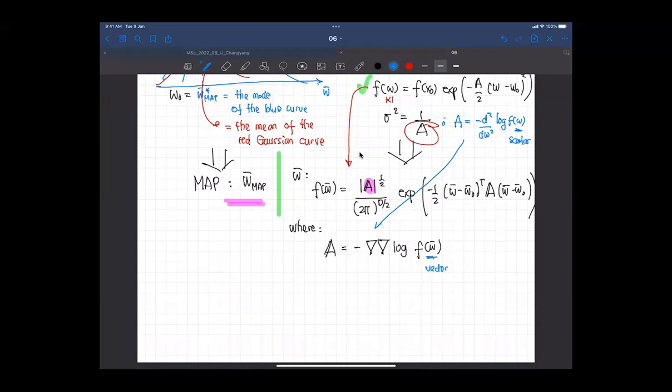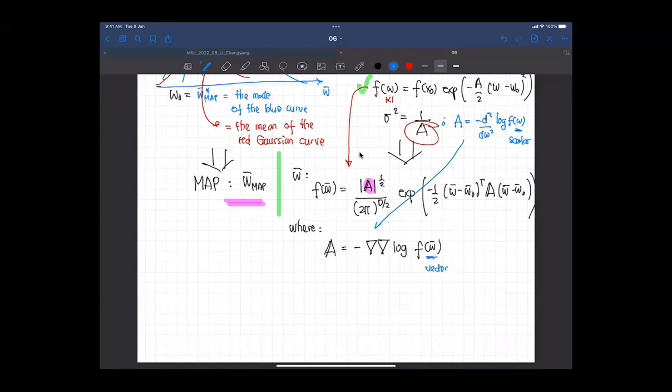Yes. Since A is the second derivative of log f of W, and f of W contains A inside it. No, this is this one. Let me think. We already did this last week.